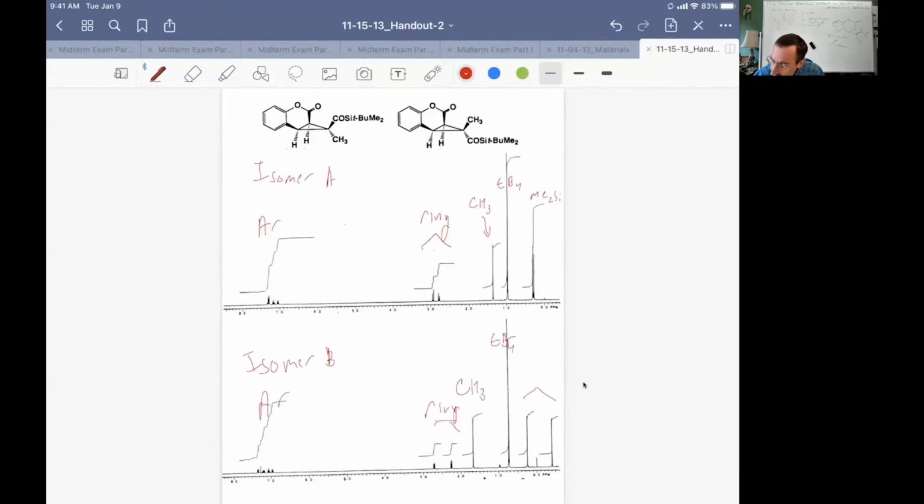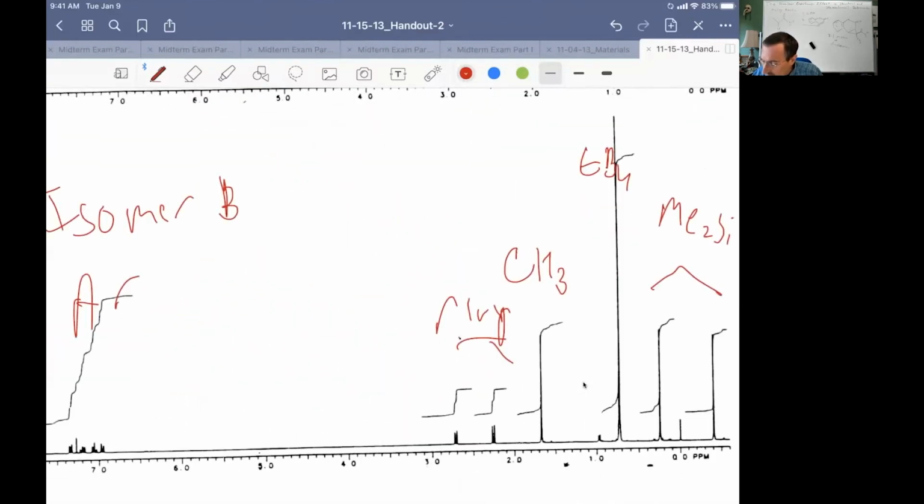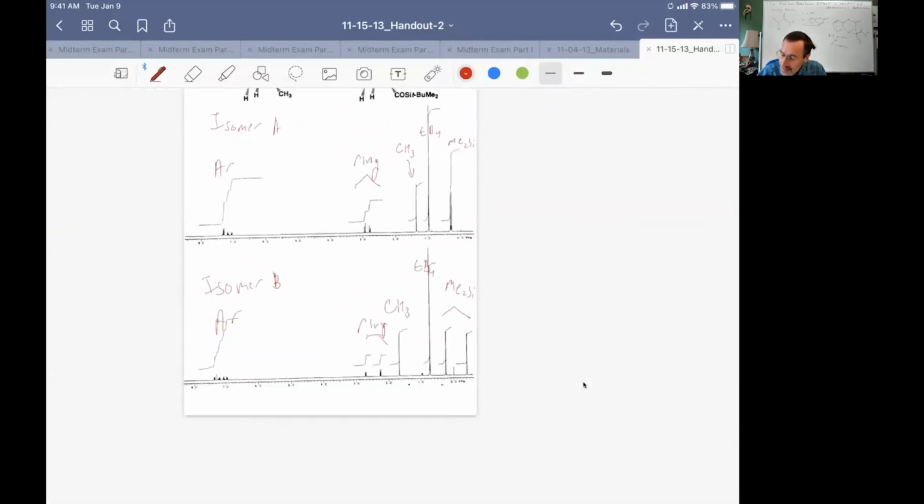And now, and this is really, really cool, we see our two diastereotopic methyls on the silicon, and they are really dispersed. One of them is at about 0.3 ppm or 0.25 ppm. The other one is at negative 0.4 ppm. So there's a lot of magnetic anisotropy over there. And that's sort of cool.